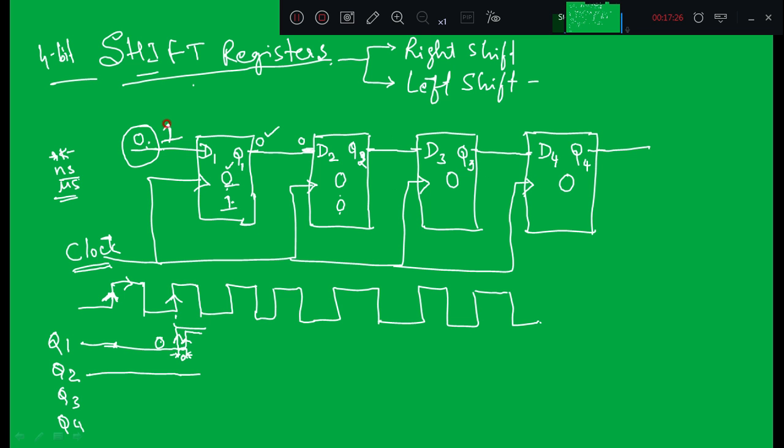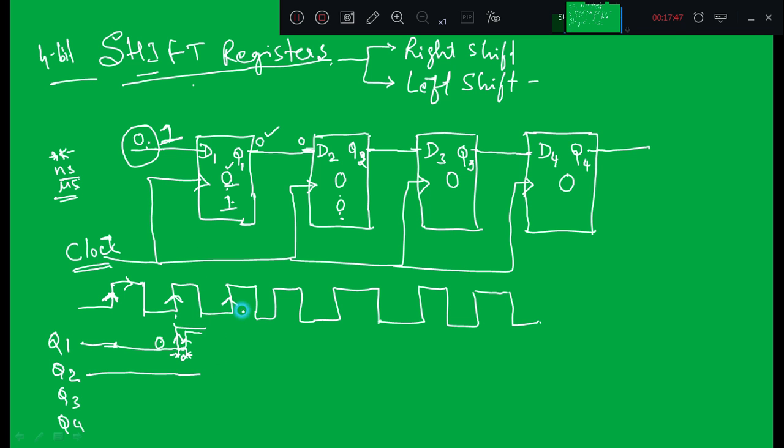Next, I apply the clock with D1 equal to 1. When I apply the next clock pulse, the 0 in the previous flip-flop shifts to the next flip-flop, and what is stored in the first flip-flop is 1, since D1 is connected to 1.